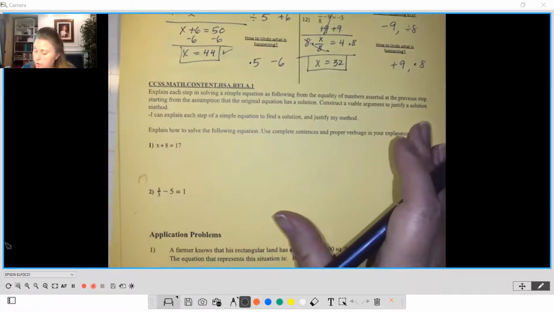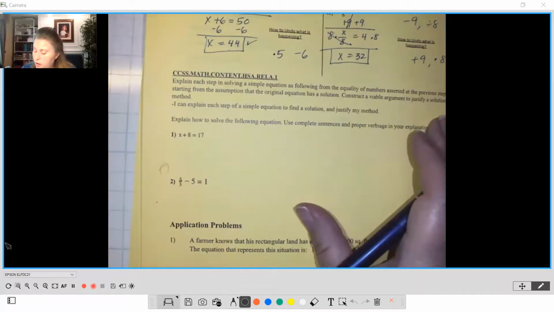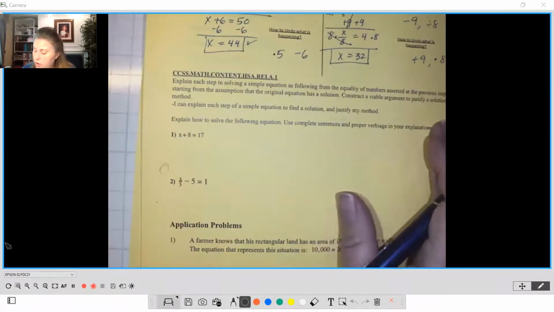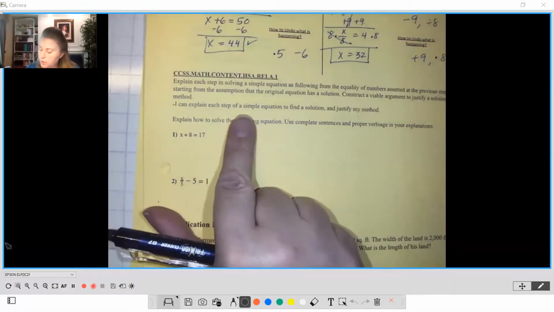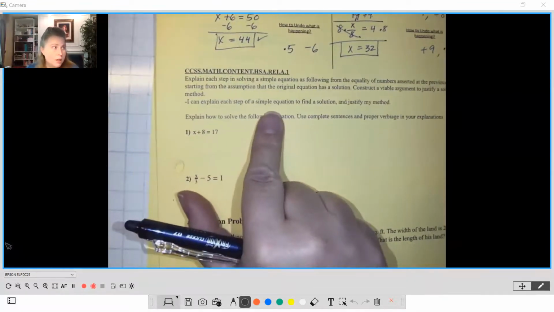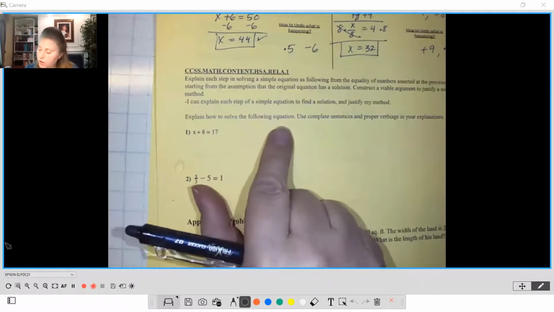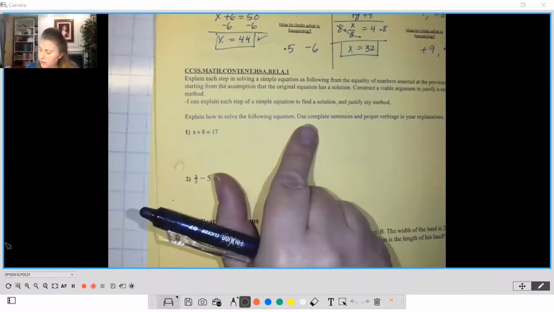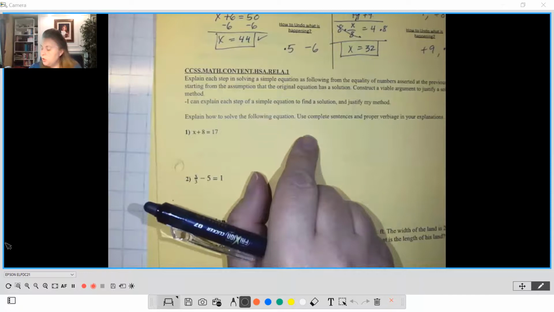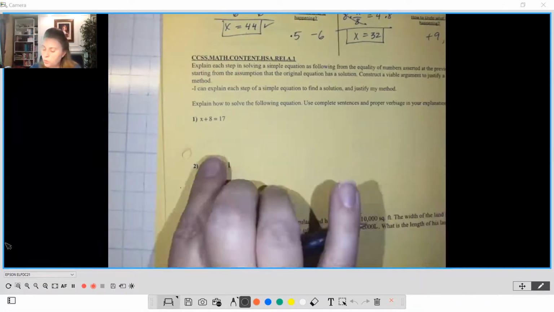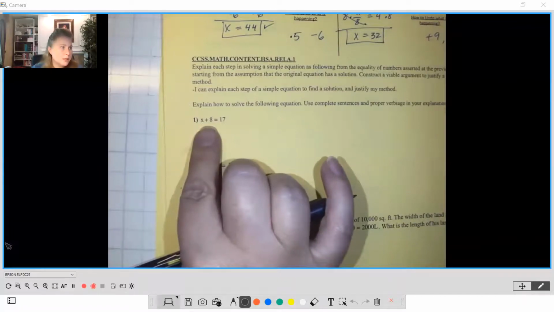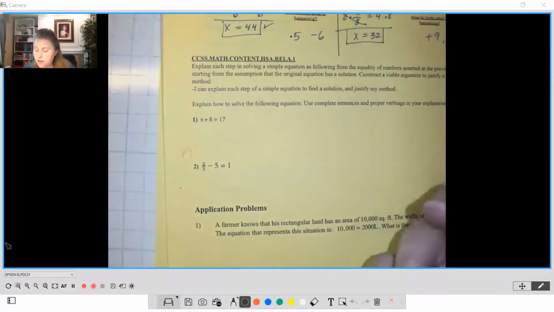And then we have: explain each step in solving a simple equation as following from the equality of numbers asserted in the previous step, starting from the assumption that the original equation has a solution. Construct a viable argument to justify. So can we explain each step and justify the method, and then explain how to solve the equation using complete sentences and proper verbiage in your explanations. So we're basically subtracting 8 from each side, because we're trying to isolate the variable.